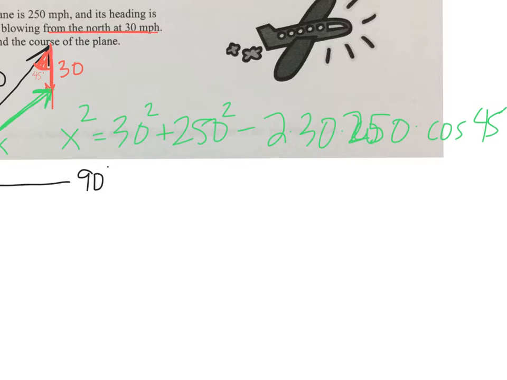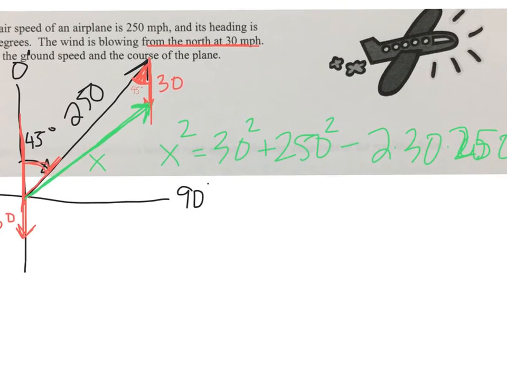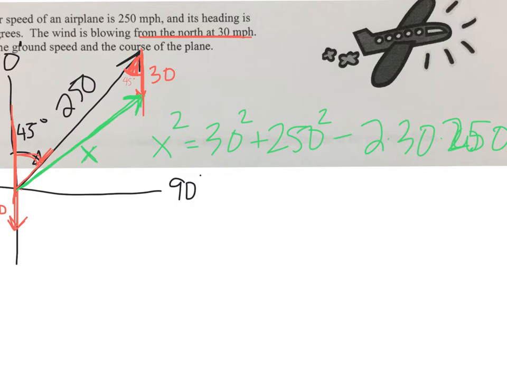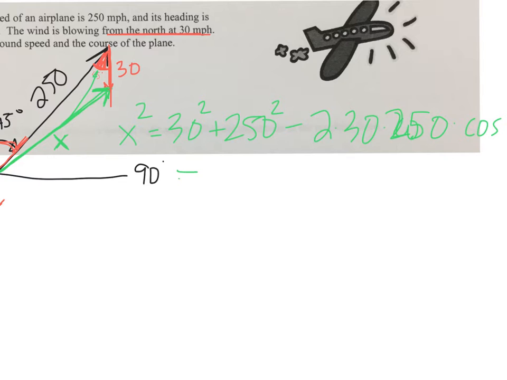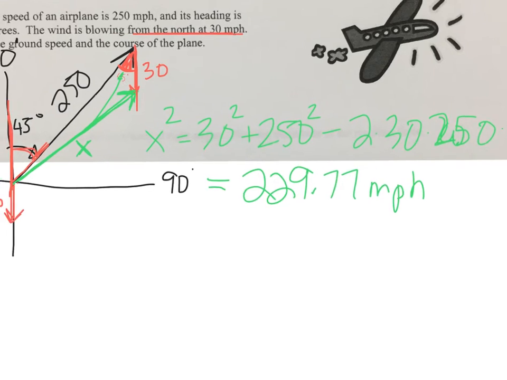We're always solving for the side across from the angle that we know. So if this is the side we're looking for, that's the angle across. Putting all this into our calculator, we get an answer of 229.77 miles per hour as the ground speed of the plane.